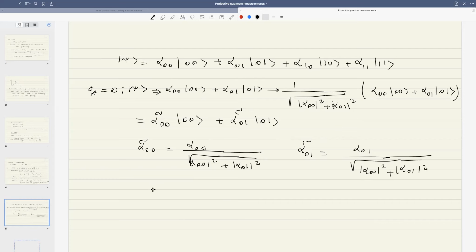Then the normalization condition is that 1 must be equal to |alpha tilde 0,0| squared plus |alpha tilde 0,1| squared. You have these coefficients, we take their absolute value squared, you take the sum, they should add up to 1. These are the probabilities. And this is relatively easy to see. So the denominator is a real number, right? |alpha 0,0| squared, |alpha 0,1| squared. These are real numbers.